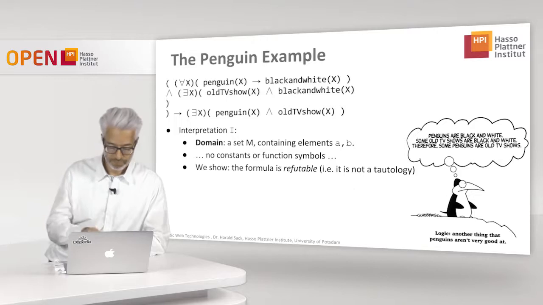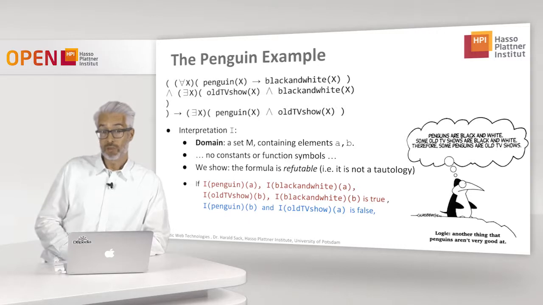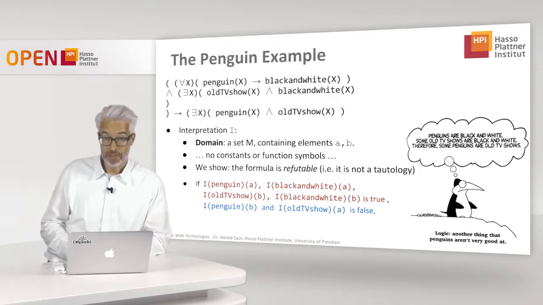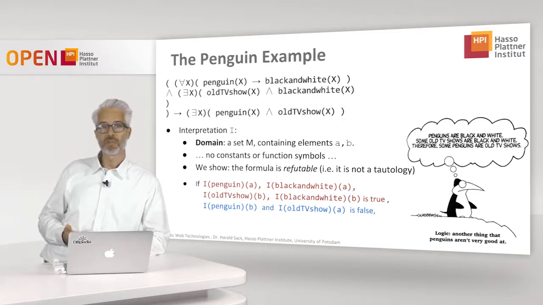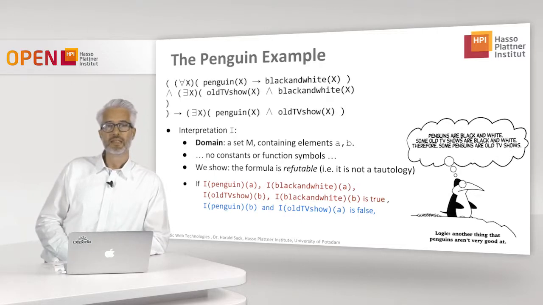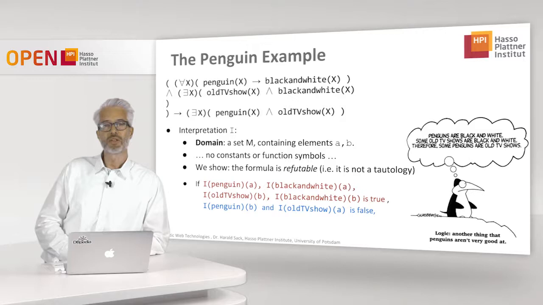Okay. And it's quite simple because this is an implication, and we know an implication computes to false if the first part of the implication is true and the second part of the implication is false. So we have to find an interpretation where the first part is true. So let's say for the individual A, it states that A is a penguin and therefore A is black and white. And B is another individual for which it holds that B is an old TV show and also B is black and white.